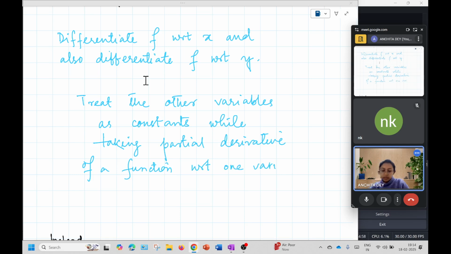Whenever you're differentiating with respect to one variable, you consider that all the remaining ones are constants.